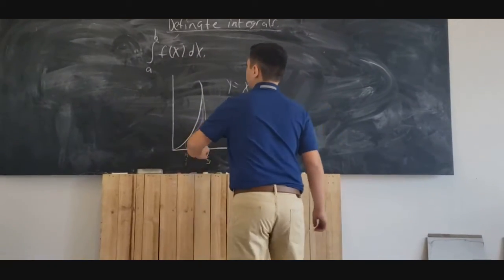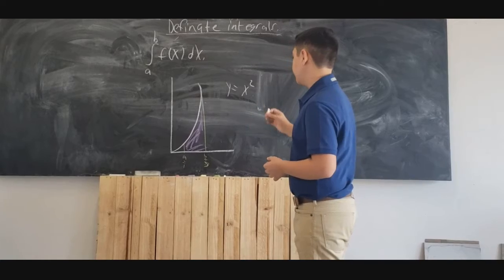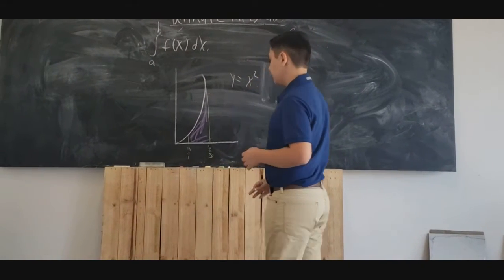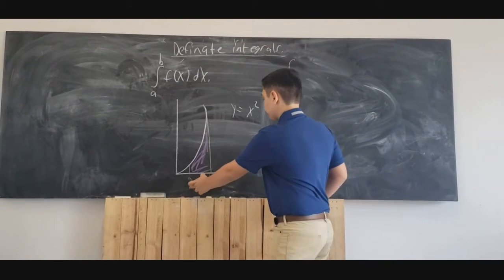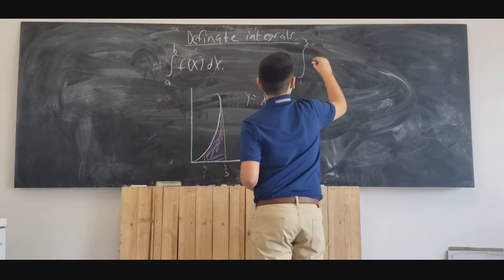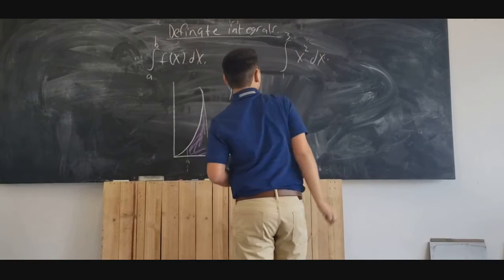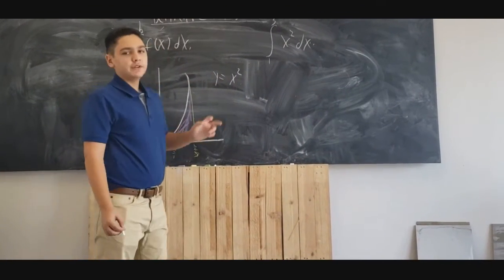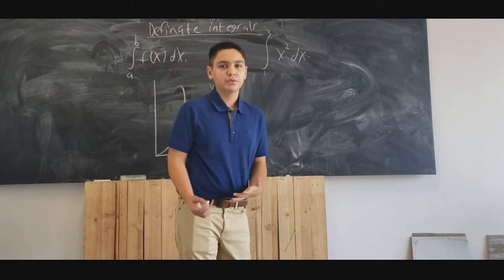Alright, so let's go on solving this, y equals x squared, or f(x) equals x squared. We're going to write this integral, and use the same boundary terms to make it easier. So A in this case is 1, B is 3, and then x squared dx. First, we're just going to integrate this normally, as any normal person would.